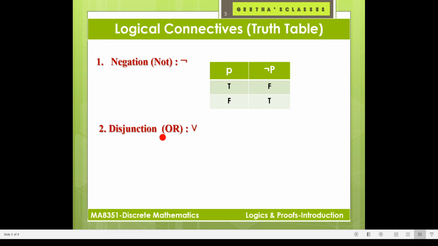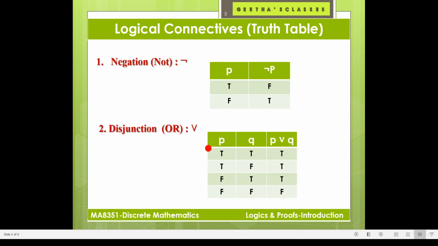For disjunction, the symbol is OR, denoted by V. Here we are taking the propositions P and Q. Two propositions we are taking. In disjunction, you are connecting two variables, here P and Q. So we take true, true, false, false for P and true, false, true, false for Q. The rows are true, true, true, false, false, true, false, false.